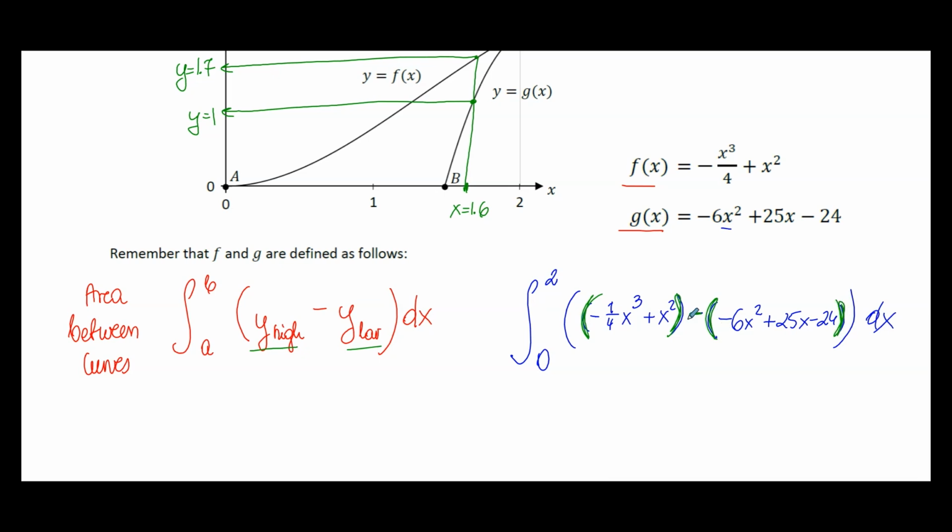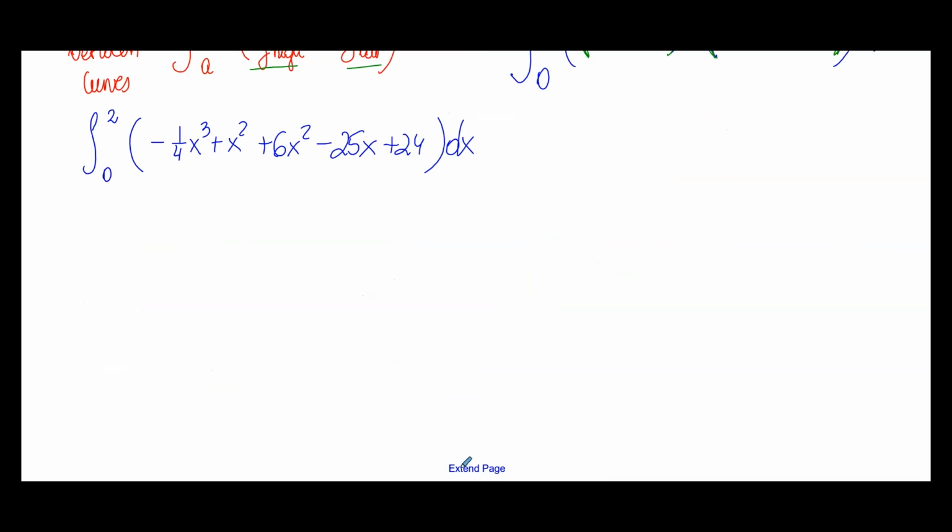Because I have a minus, the signs here will change, all of them. So let's remove that bracket, plus x to the power of 2. The minus will make it here plus 6x to the power of 2. That will be minus 25x, and here will be plus 24. And now I have a function that I can integrate.